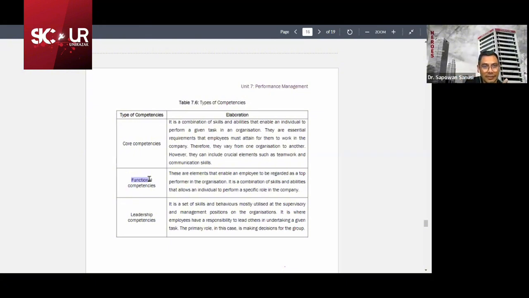IT core; functional: typing, graphics, knowing about graphics, knowing about decision making, everything. Usually functional competency towards decision making enables the employee to achieve top performance: how to do the job, how to do it more correctly and better than the skill earlier.